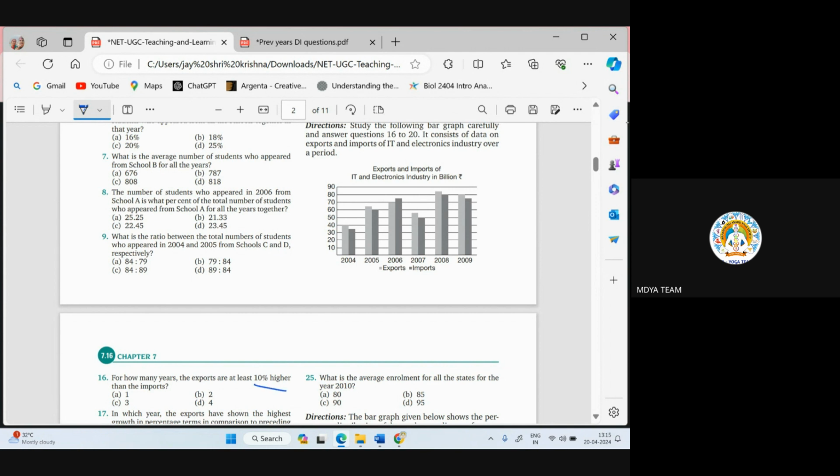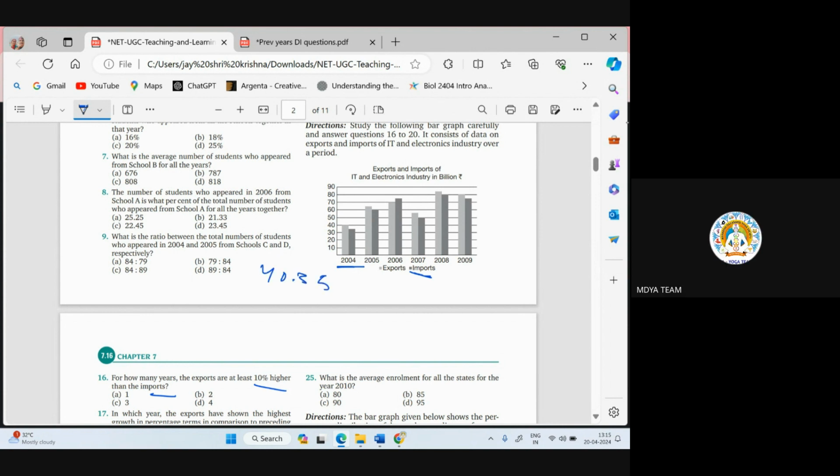10% higher than imports. Okay, in 2004, let's calculate how much export is higher than import. In 2004, the import is around 35, and export is 40.